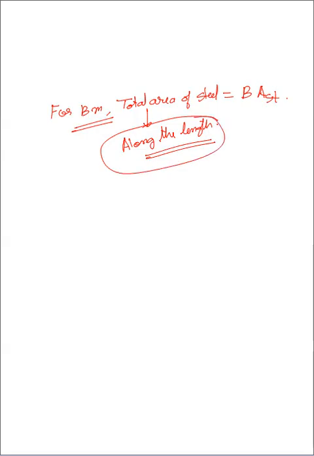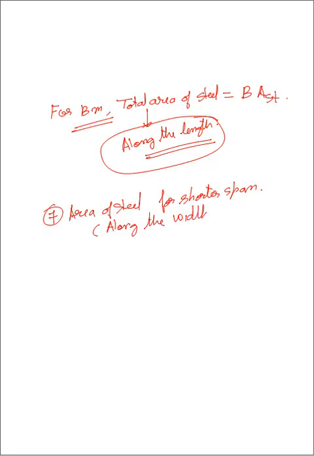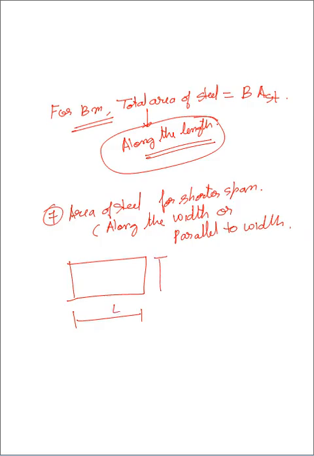In the same way, step number 7, the last step, is the area of steel for the shorter span. Shorter span means along the width, or parallel to the width. See, this is my L, this is my B, and now I will place my steel like this.